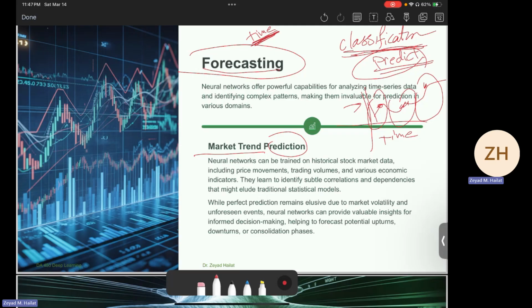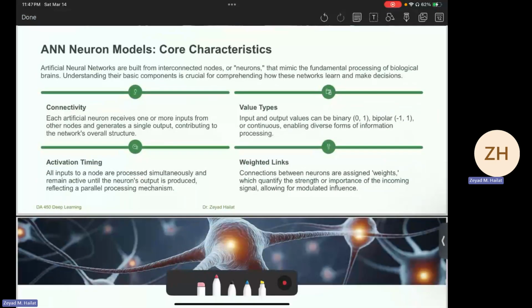Now, let's look at the key characteristics of a neural network. The core characteristic is the connectivity. We talked about heavy connectivity. The input of one layer is an output of the previous one.